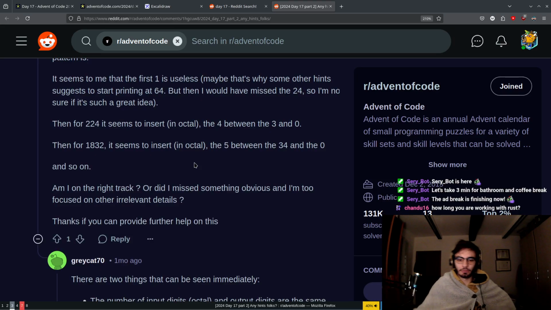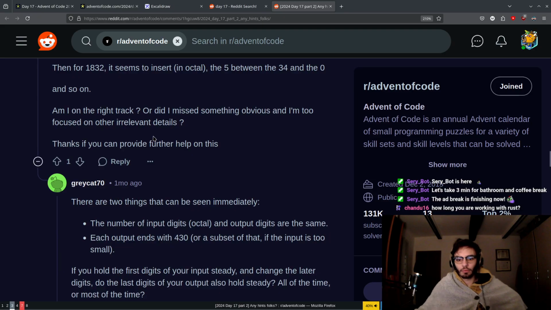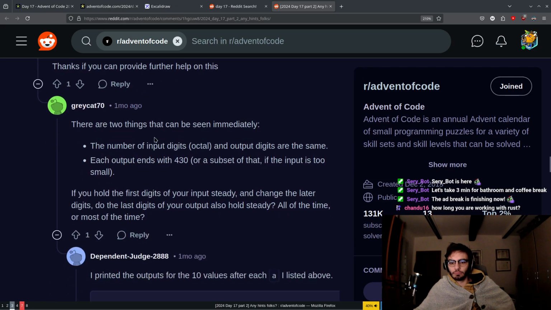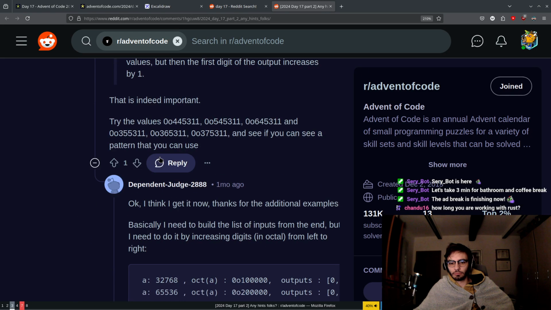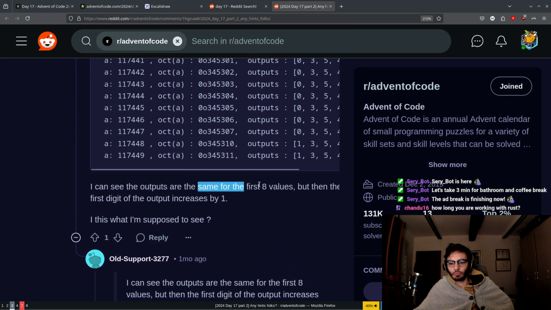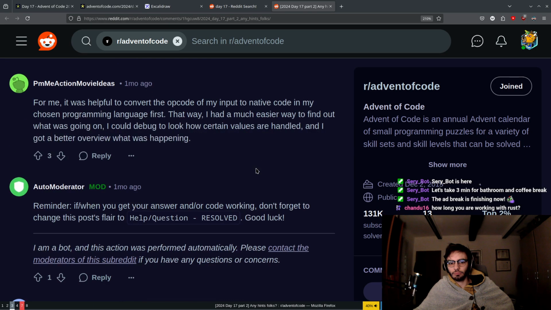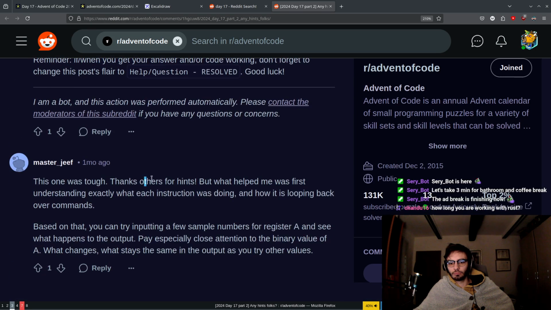It's not A problem, it's B. As I was doing, how is looping back overcome? Based on that, you can try and implement a few sample numbers for register A and see what happens to the output. Pay especially close attention to the binary value of A. What changes, what stays the same, what output that you try the values.